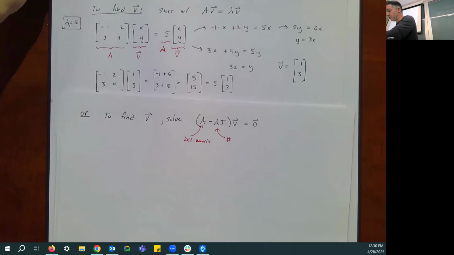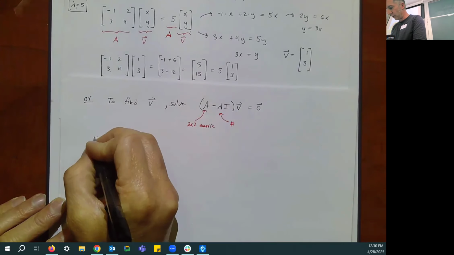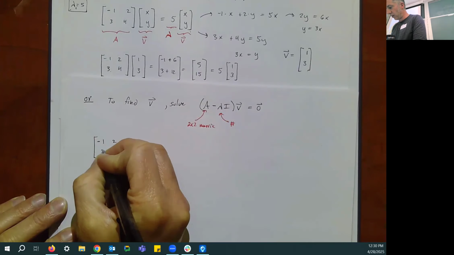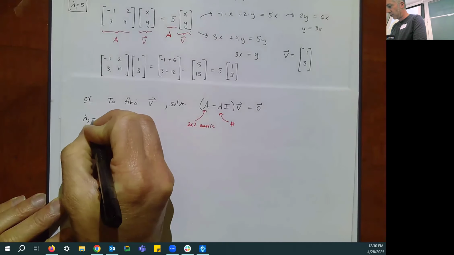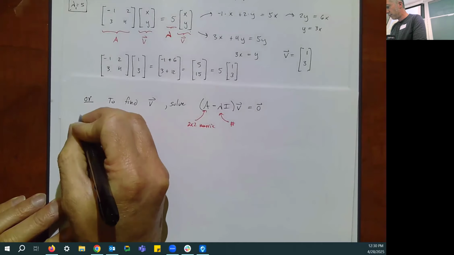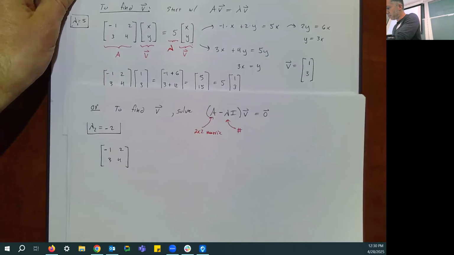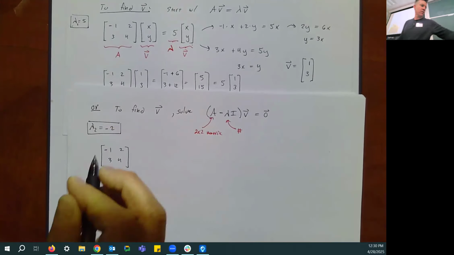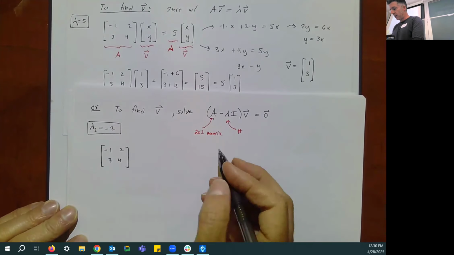So here's what we're trying to solve this time. It's going to be our matrix A, which is -1, 2, 3, 4. And our second eigenvalue here is lambda 2 equal to -2. So instead of doing A minus lambda I, well, actually I'm doing that.